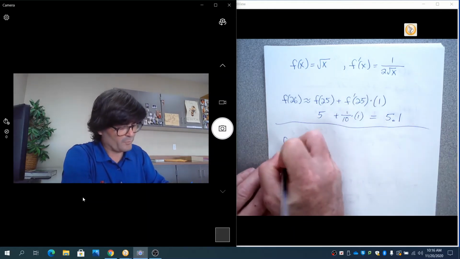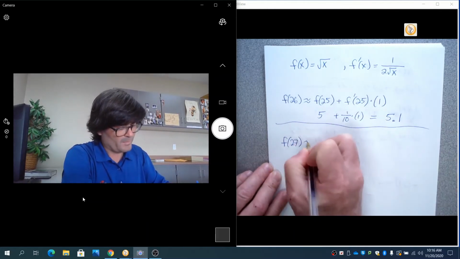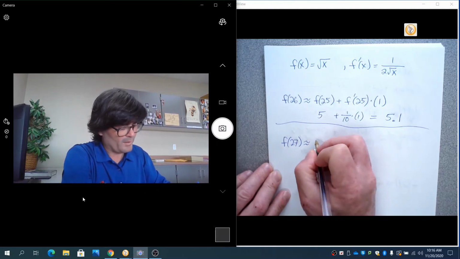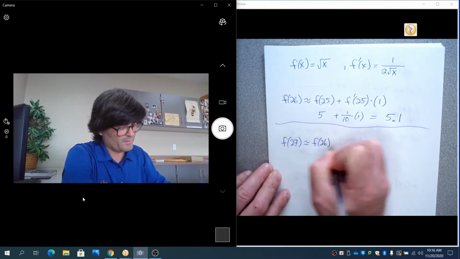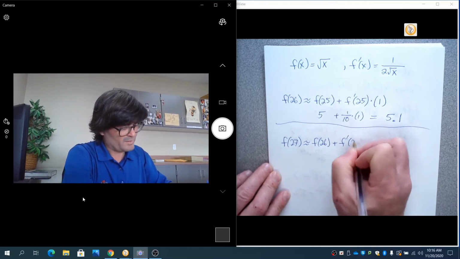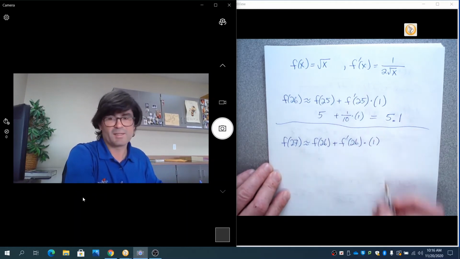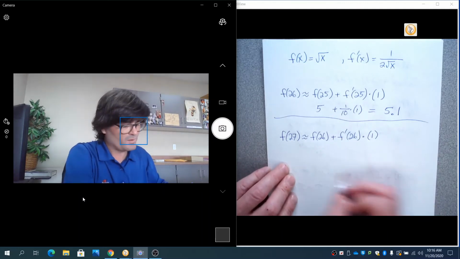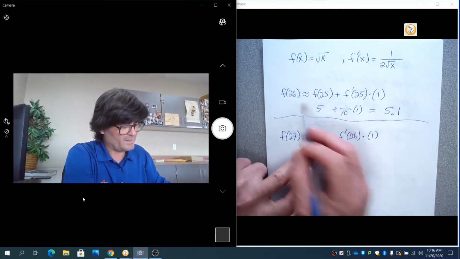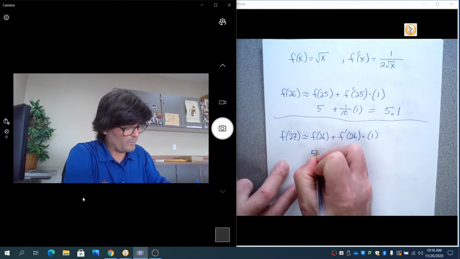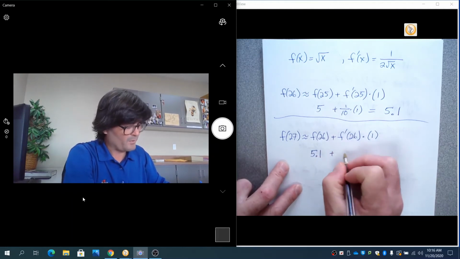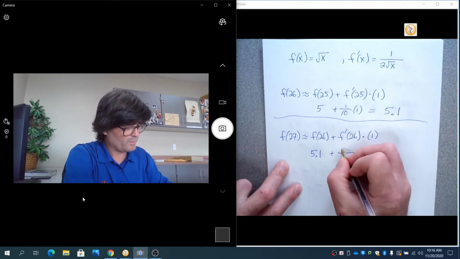Now we'll go f of 27 is about equal to f of 26 plus f prime of 26 times 1. So my guess of f of 26 was 5.1. The derivative was 1 over 2 roots of x.